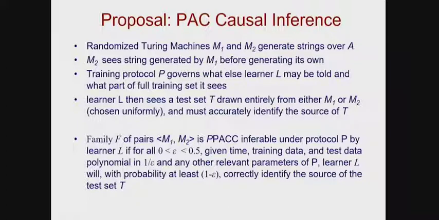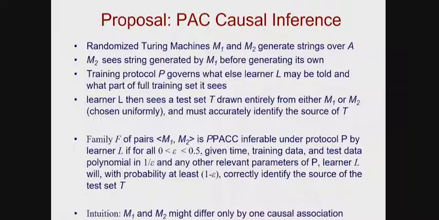We're going to say that we can causally infer this under protocol P if this learning algorithm, for any desired degree of accuracy 1 minus epsilon, gets more data and more time in 1 over epsilon, and correctly identifies the source with that probability. The intuition is M1 and M2 might just differ by 1 causal association.